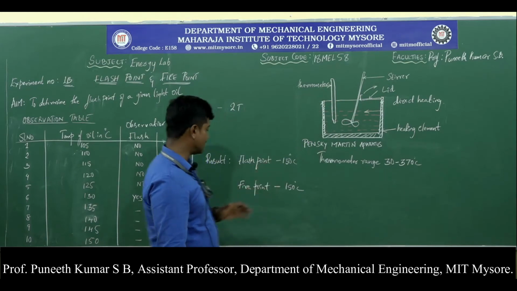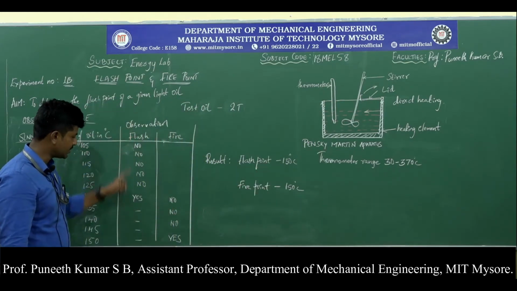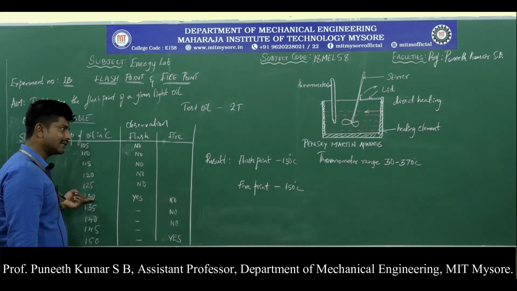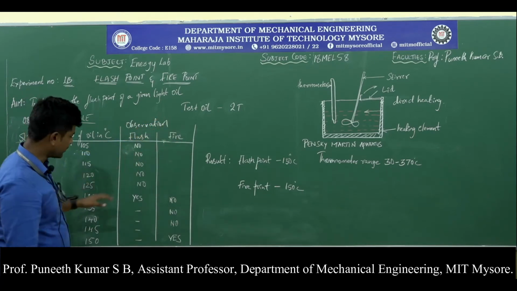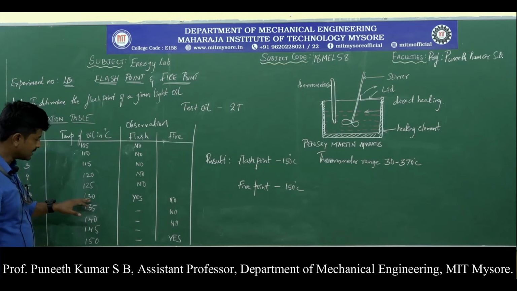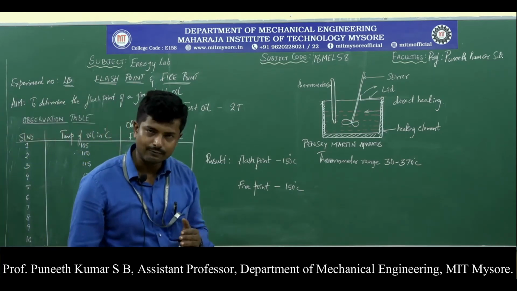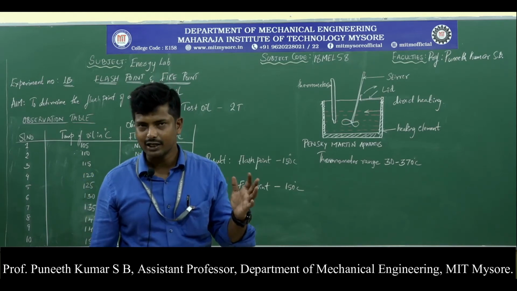So at this particular temperature, yes, we have written the observation for flash. For the 2T oil we have taken, the flash point is 130 degrees centigrade. And we should also know that the fire point will always be much higher than the flash point.